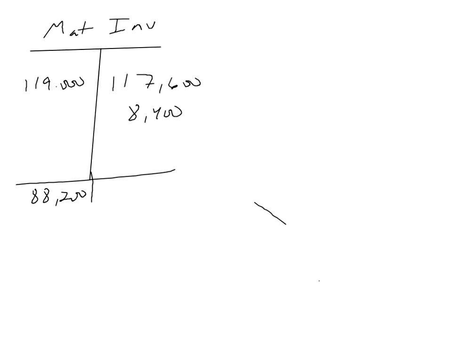Number 4, there's nothing. But number 5, we moved some materials back to materials inventory, and that was 15,400. Okay, so we need to figure out what our beginning balance was. So let's see how we can do that.